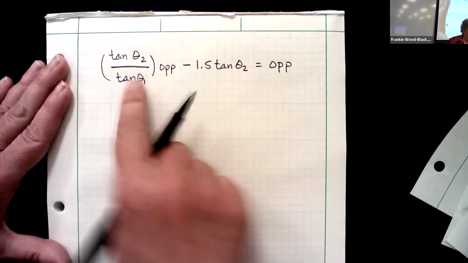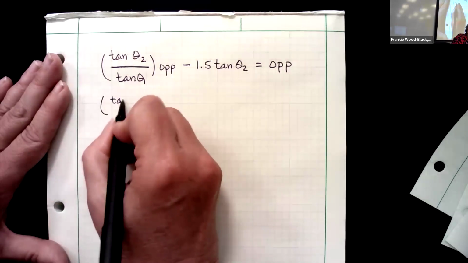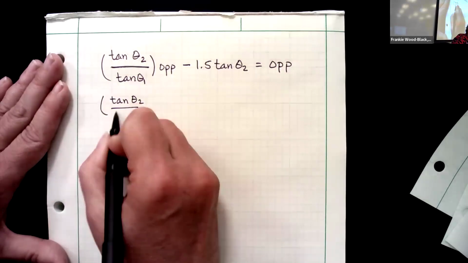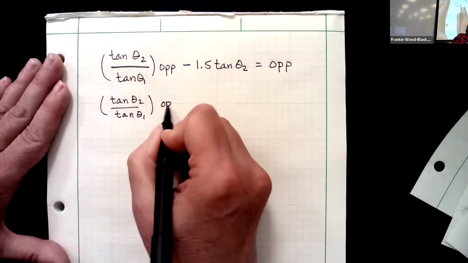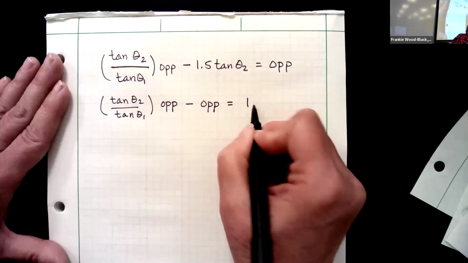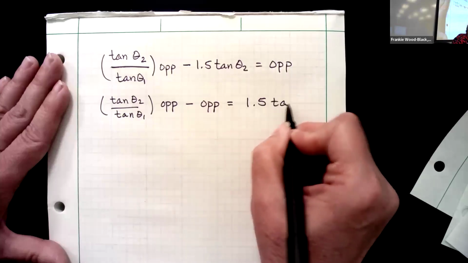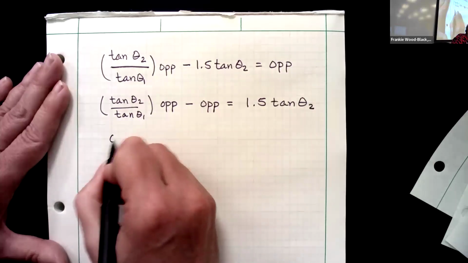I'm going to combine my opposites over here. So now I'm going to get tangent angle 2 divided by tangent angle 1 opposite minus opposite is equal to 1.5 tangent angle 2. Factor out my opposite.